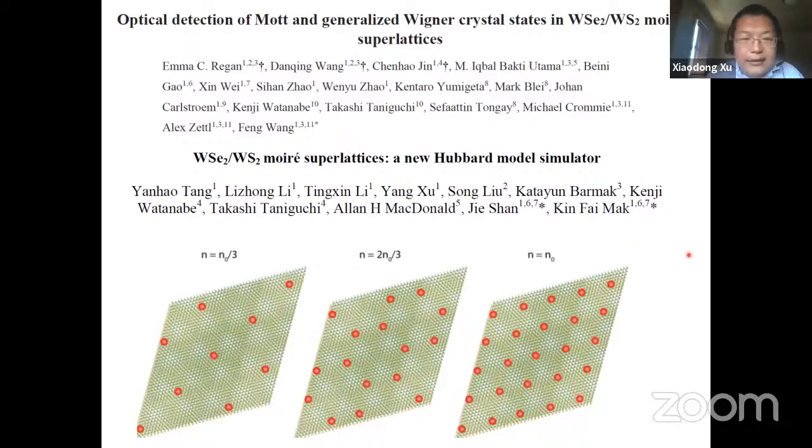This work was really advanced by Wang's group at Berkeley and also Kin Fai Mak at Cornell. They demonstrated that with this Moiré superlattice structure, they can load the charges one by one into these Moiré potentials and demonstrate, for example, Mott states and Wigner crystal-like states.